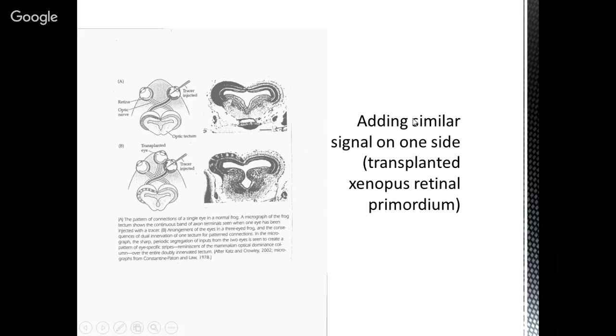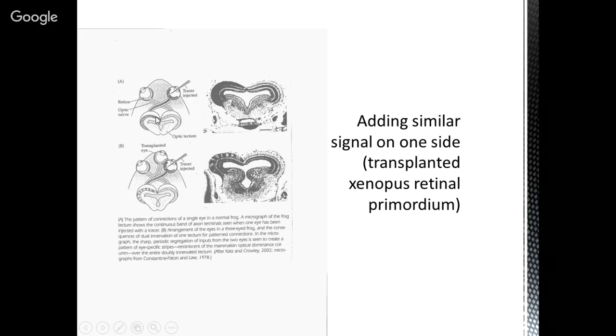Okay, so adding an input was something that was tried using frogs. Xenopus was transplanted with an additional eye on the same side as one of the eyes, and then they looked at tracer to see what happened in the cortex. Now, Xenopus is a bit different from macaque and bats in that one eye goes to one side.